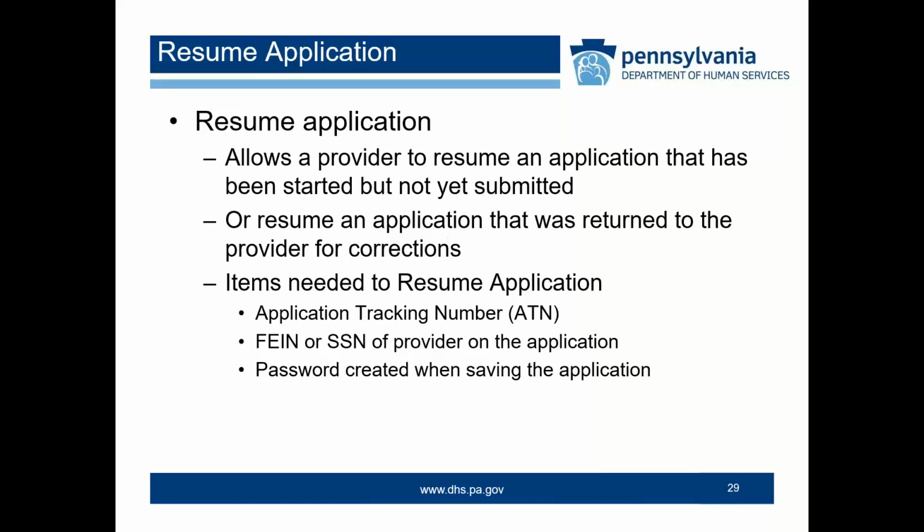Items that are needed to resume your application: you will need your tracking number, your FEIN, your tax ID number or social security number. In the example that we did for the application, it was the social security number. And then the password created when saving the application.